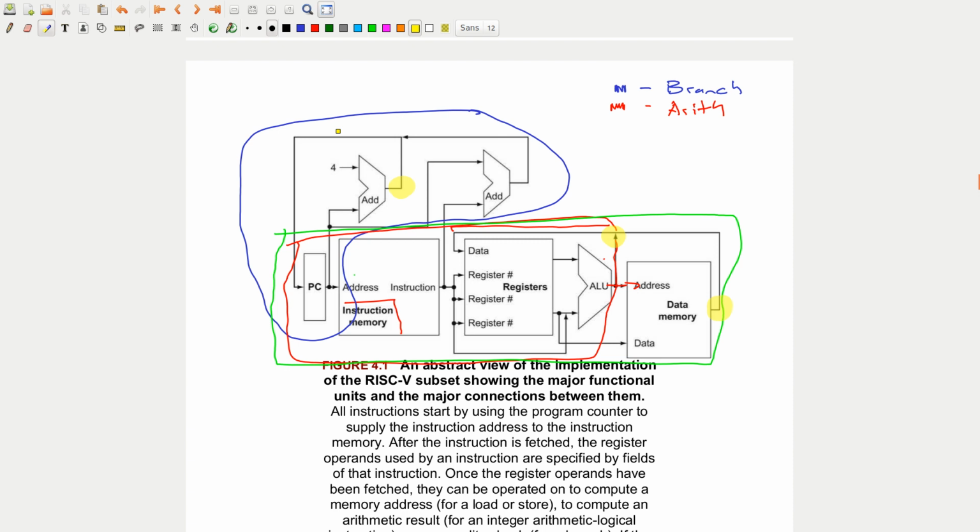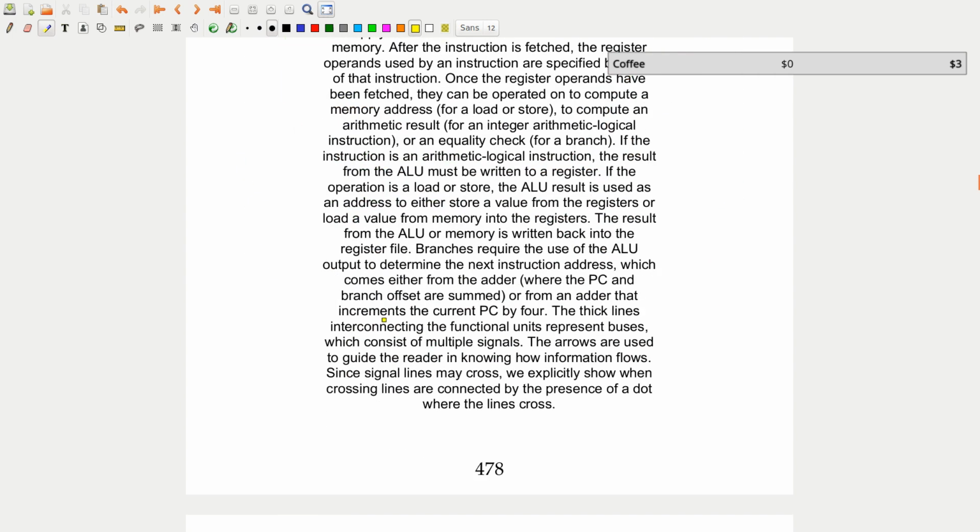A word is 4 bytes, so 32 bits. And so this says move forward by 4 bytes. Or we have some arbitrary value over here if we have a branch instruction, but we see that those are both connected to the same spot. So that's what they're talking about here.